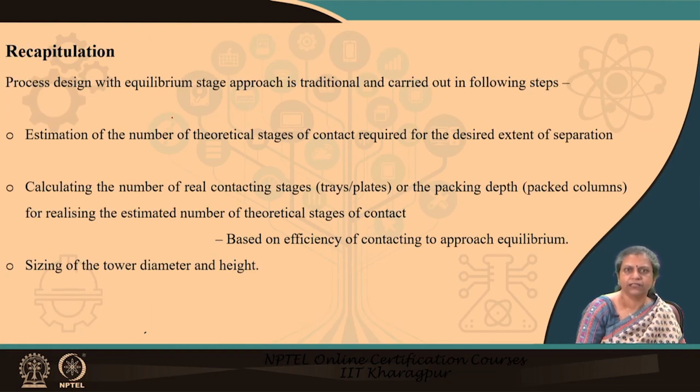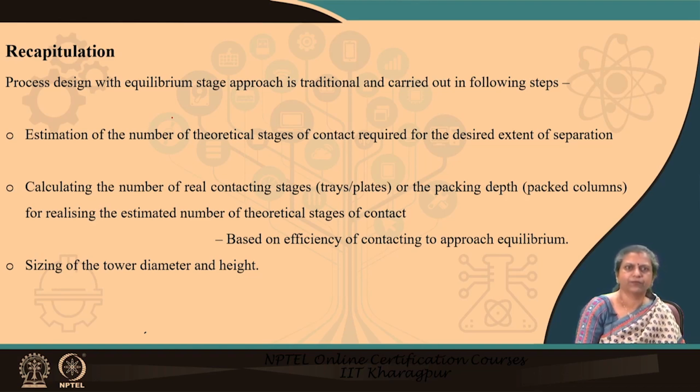And after we have estimated the number of theoretical stages, then we would go for calculating the number of actual stages that we require in a tray column, or the packing depth that we require for packed columns.